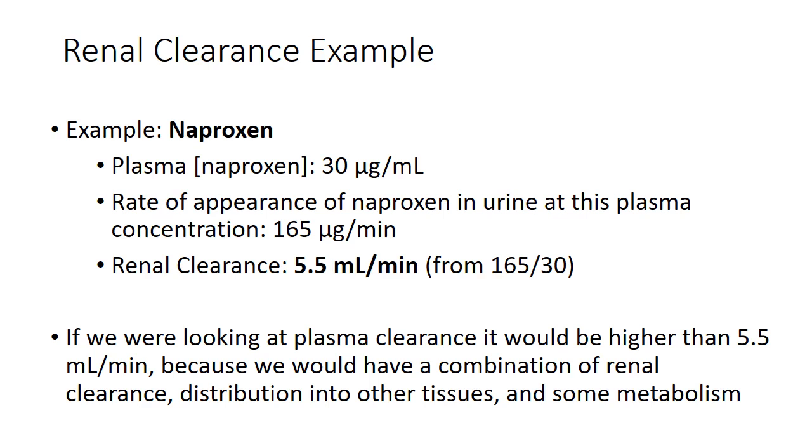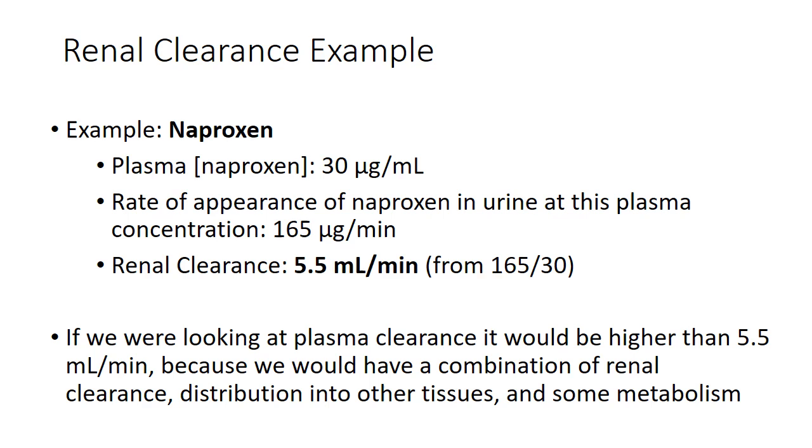So all we're saying is, if we have 165 micrograms in 1 minute in the urine, what volume of plasma would that correspond to? And that would be 5.5 milliliters in that minute. 5.5 milliliters of plasma cleared of the drug.